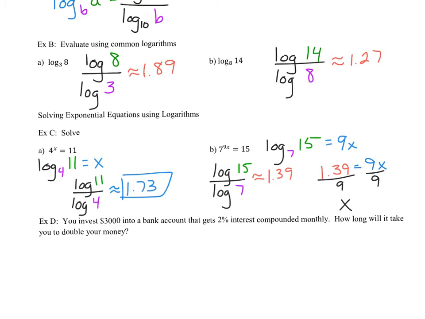So I get x approximately 0.154. So if I was to do 7 to the 9 times 1.54, it would give me 15.